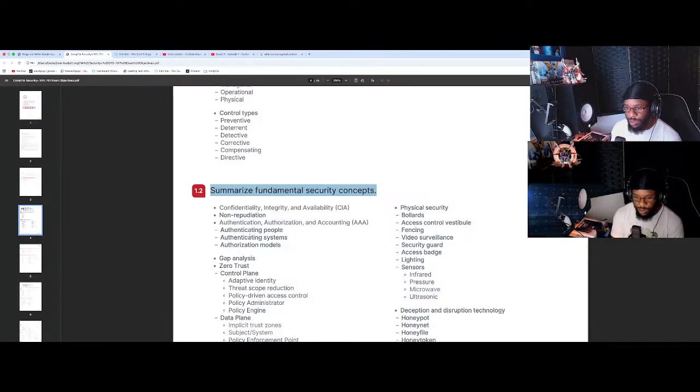Then you have authenticating systems, right? So maybe it's not a person, maybe it's some robot or some kind of service that needs to get authenticated, right? Some kind of process that needs to run needs to be authenticated as well. And there's ways that you can do that and store credentials for those services.